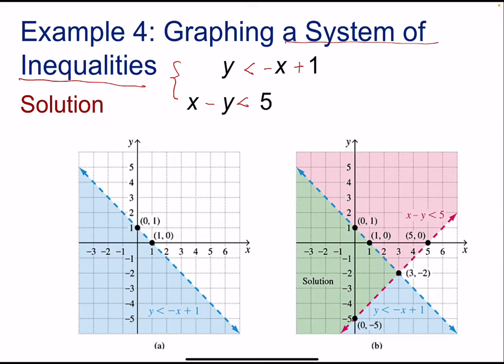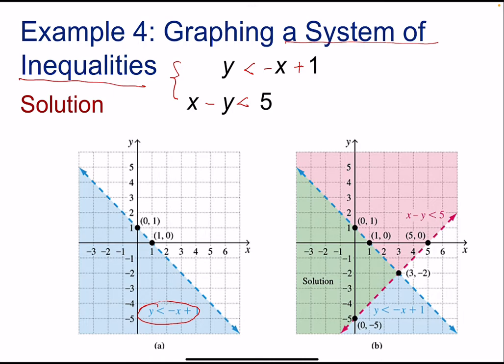So let's first look at the first inequality, y less than negative x plus 1. Using the earlier procedure, first step, we plot y equal to negative x plus 1, which is this blue line. Now, because we have a less than sign, we use a dotted line, and we pick a test point.